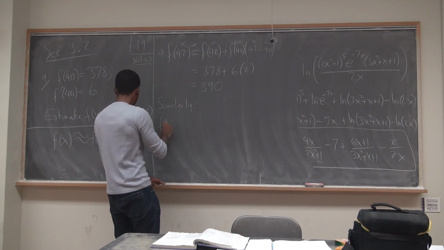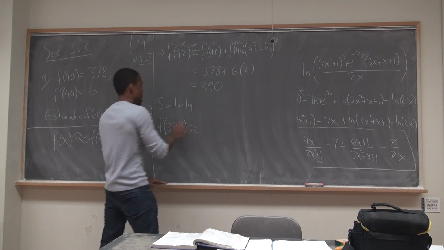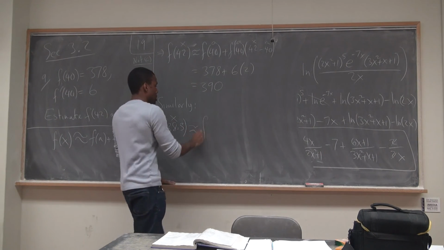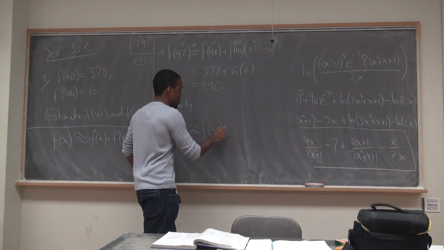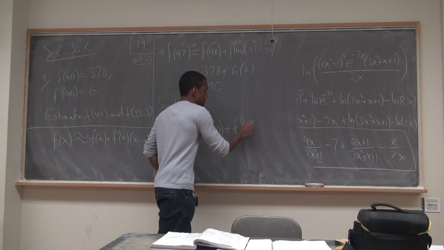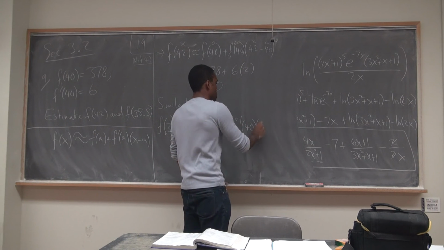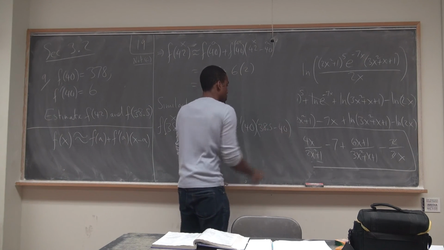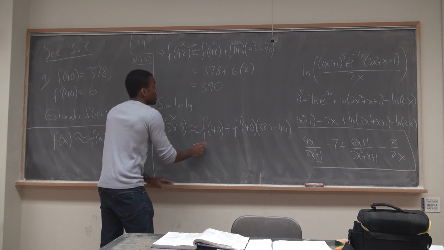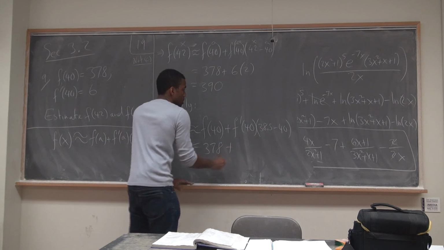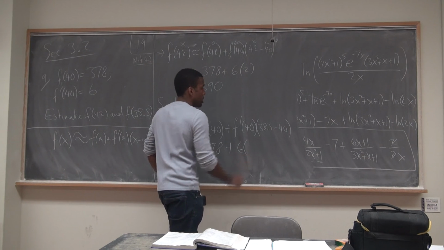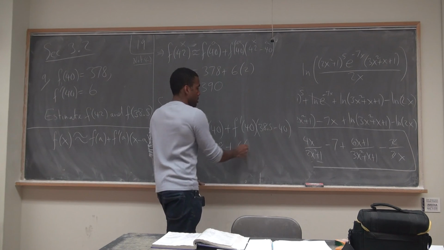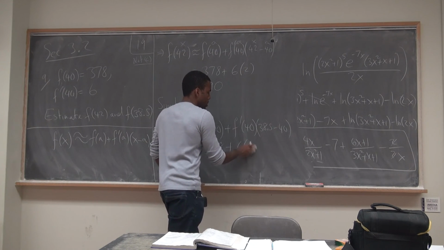Similarly, if I wanted to figure out what is f of 38.5, I could take that as my x. 38.5 is relatively close to 40, so we would use that. So it's going to be 38.5 minus 40. That's 378 plus 6 times minus 1.5.